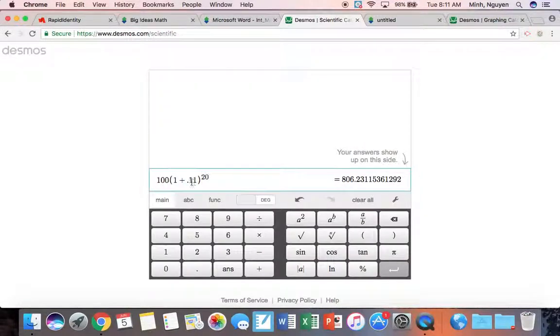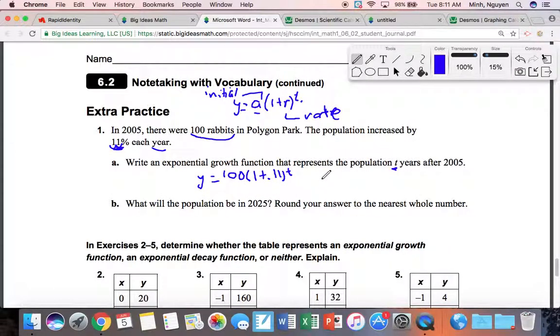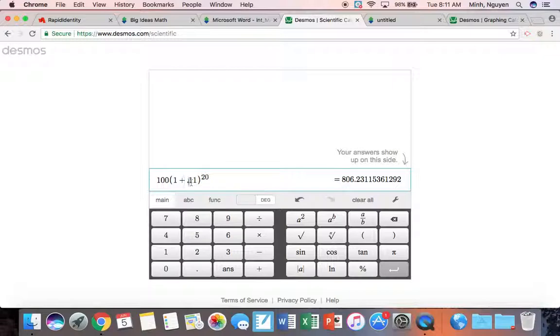I've already done it here. 100 times 1 plus 0.11, or another way to write this is 100 times 1.11 to the t. These are the same thing. I wrote it out like this to show you completely. It says round to the nearest whole number, so that's 806.